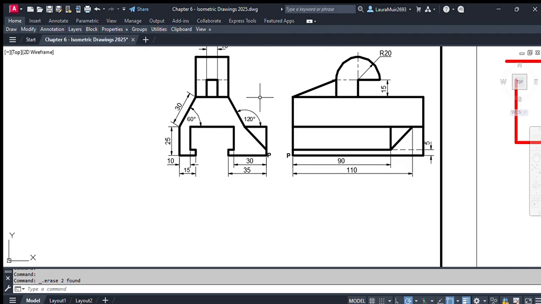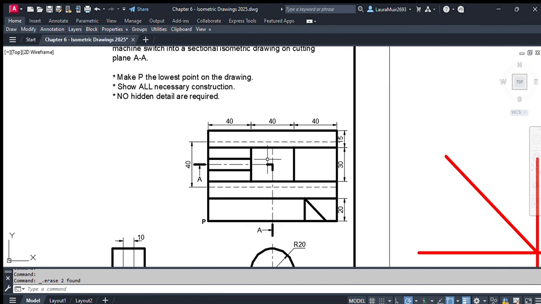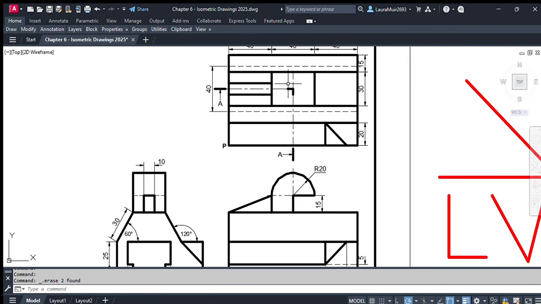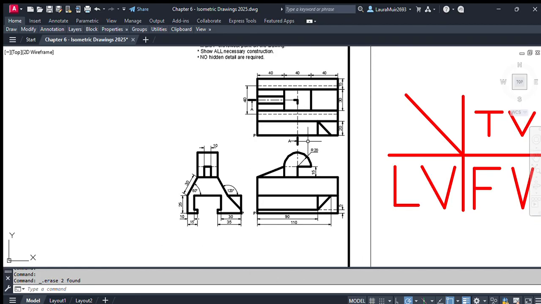Right, so I'm going to draw this how I would tackle it personally. You may not tackle it the exact same way, but there are certain elements that you do need to be aware of. So the first thing I'm going to do is the box.